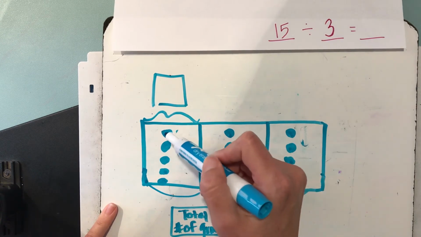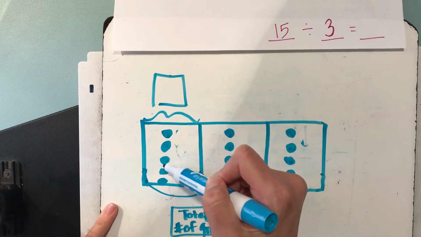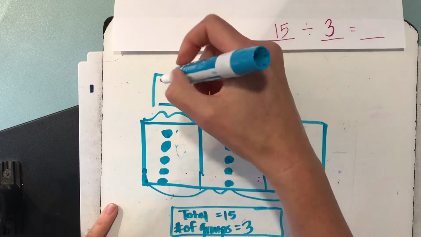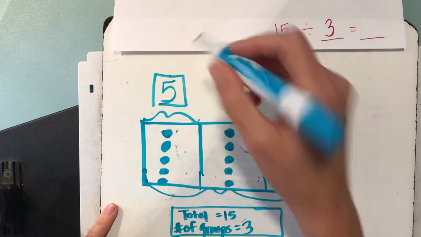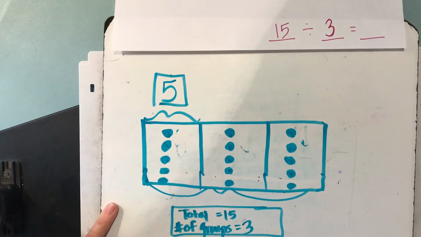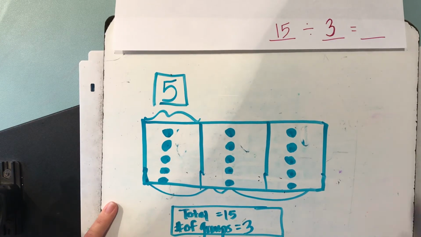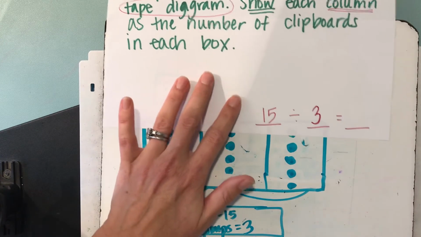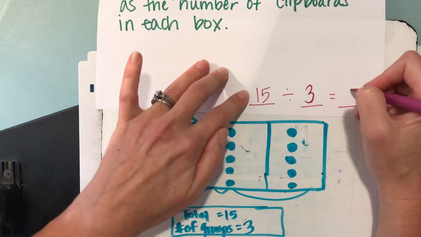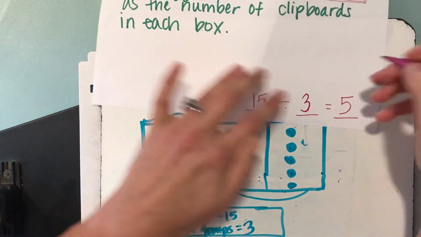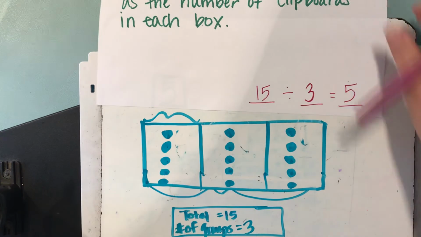So let's count them. 1, 2, 3, 4, 5. I have 5 clipboards in each box. So we figured it out that 5 is in each box.